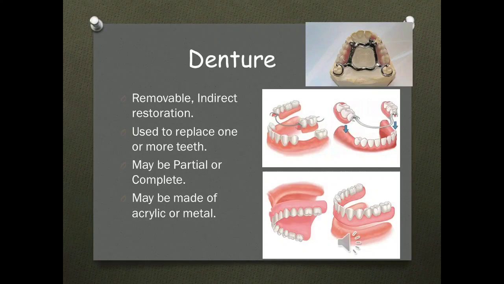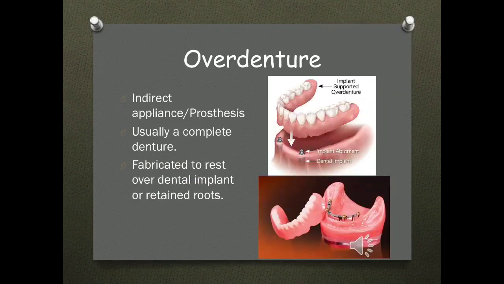In case of partial denture, there are metal clasps which help to support or retain the denture in place, whereas in case of complete denture, the underlying bone and the supporting tissues help to keep the complete denture inside the arch. An overdenture is also an indirect prosthesis, usually a complete denture which rests either on the dental implants or the retained natural roots.